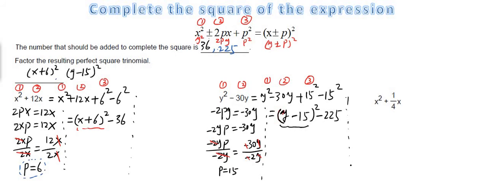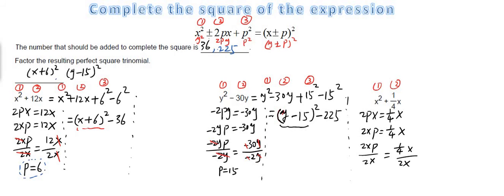Now let's take a look at the last example. Again, we're gonna focus on these two terms. Here is a positive 1/4 x. Here's 2px, because it is positive, so it should be a positive 2px. Now we let 2px equal 1/4 x and solve for p. We have 2xp equals 1/4 x, and divide by 2x for both sides.